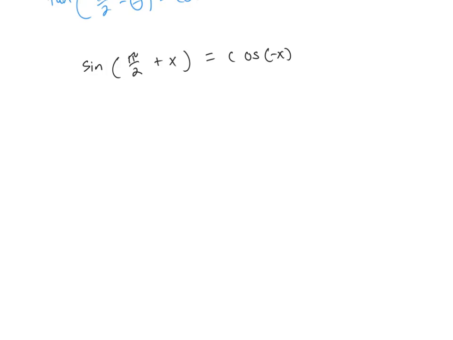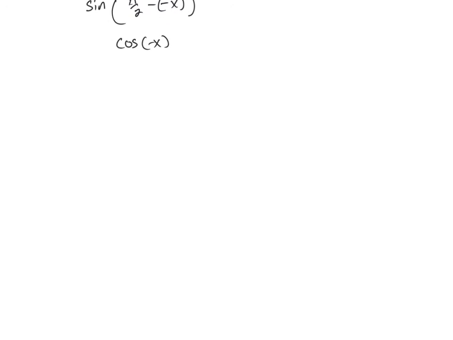Well, that's simple. I can use a double negative, so that means sine of pi over 2 minus a negative x, and now we have pi over 2 minus a theta being negative x. That equals cosine of negative x.